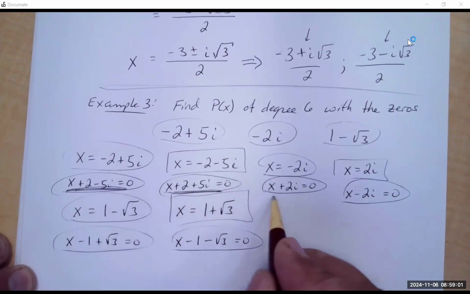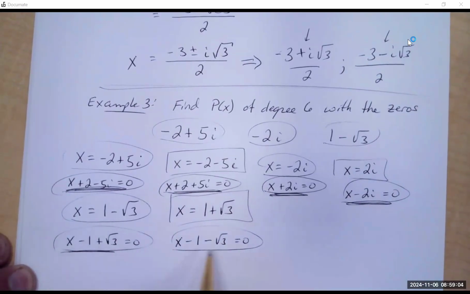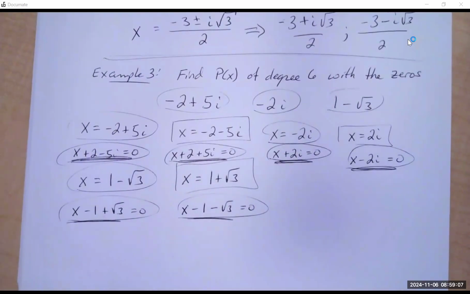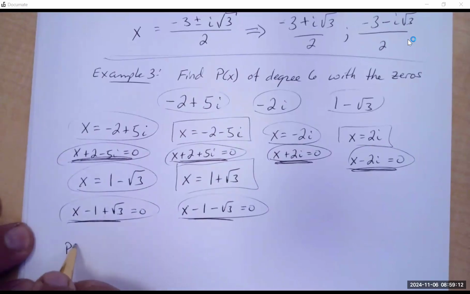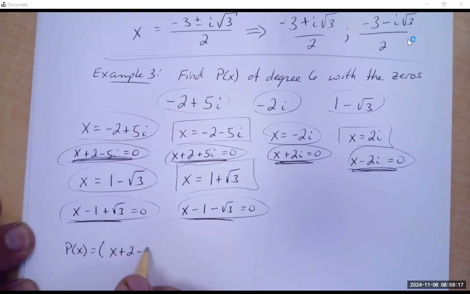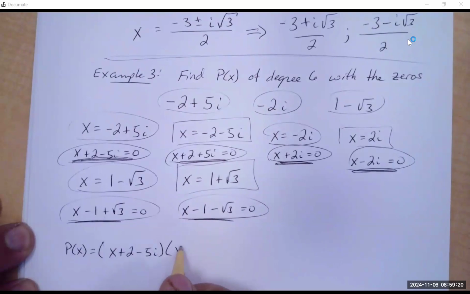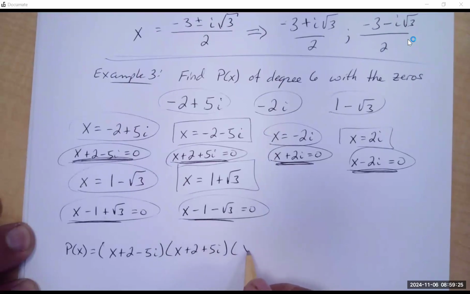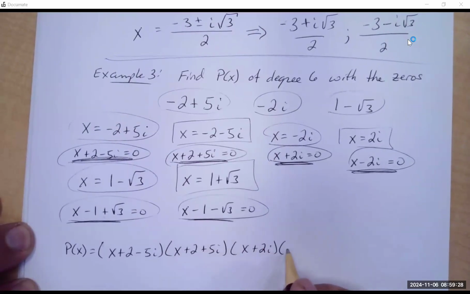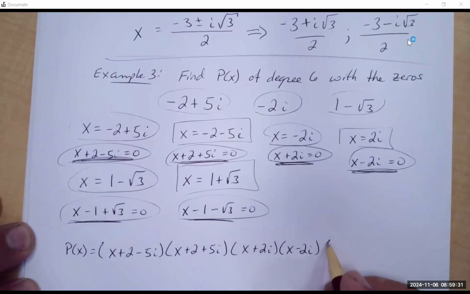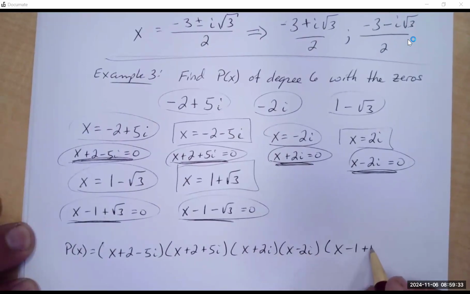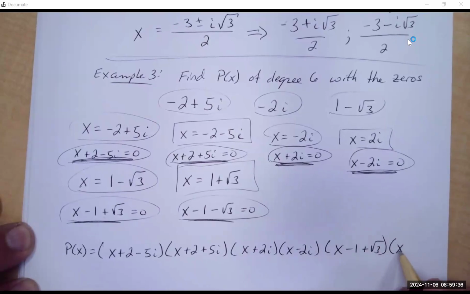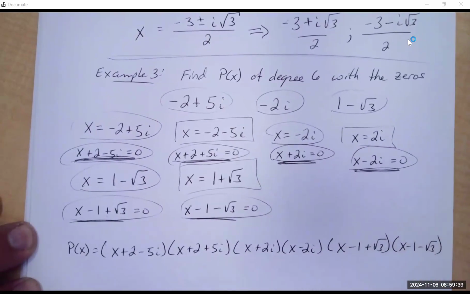So these are the pieces that we'd multiply together. It would be x plus 2 minus 5i times x plus 2 plus 5i, x plus 2i, x minus 2i, x minus 1 plus radical 3, x minus 1 minus radical 3.